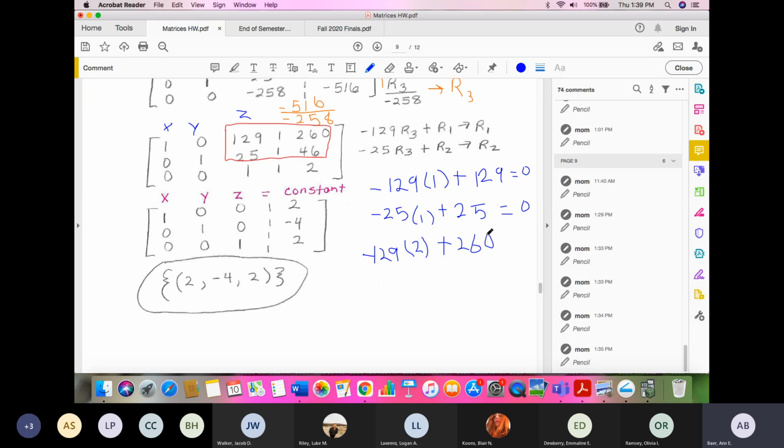And what's that equal to? Let me do that on my calculator. Negative 129 times 2 plus 260, and I get 2. This goes into row 1, so that's where this 2 came from.